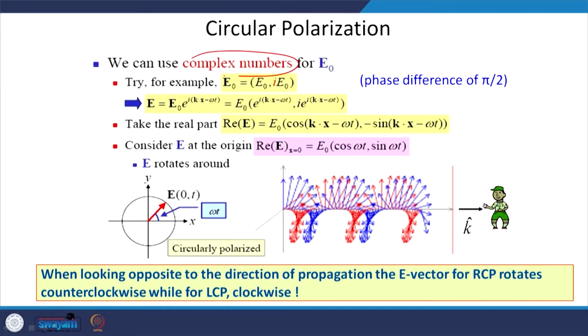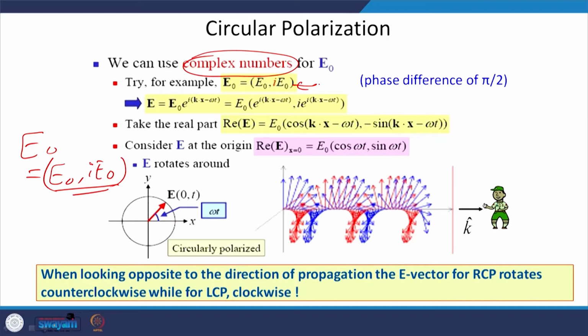Take a complex number. So, rather than writing E0 as a function, you can write it as E0, i E0. What it means here is that now it has two components, and they have a phase difference of pi by 2, 90° phase difference.